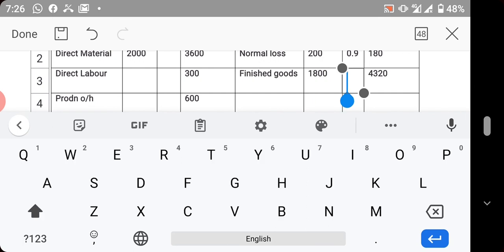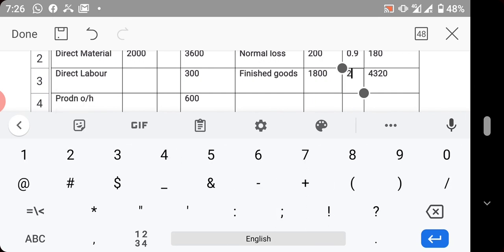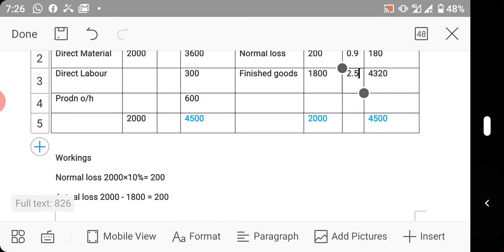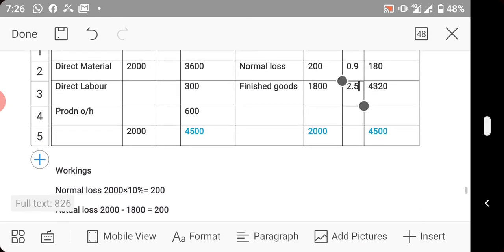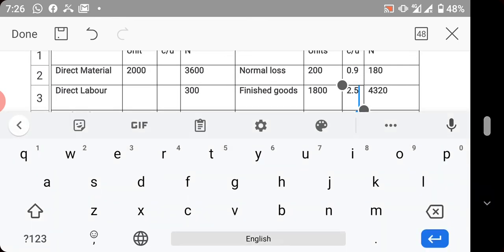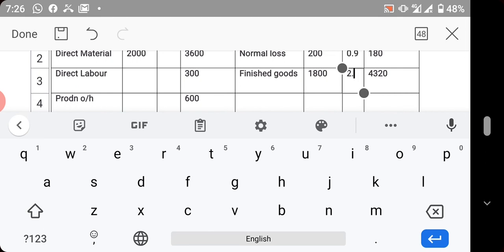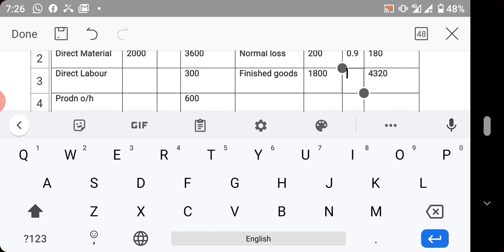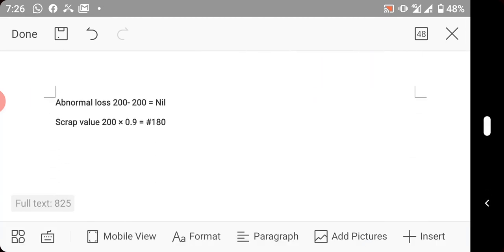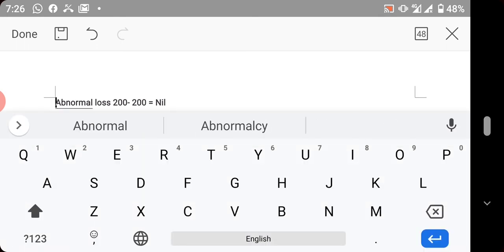So now remember, our cost per unit remains 2.5. I hope you know how it was gotten. Is it 2.5? Let's check. So let's look at cost per unit.